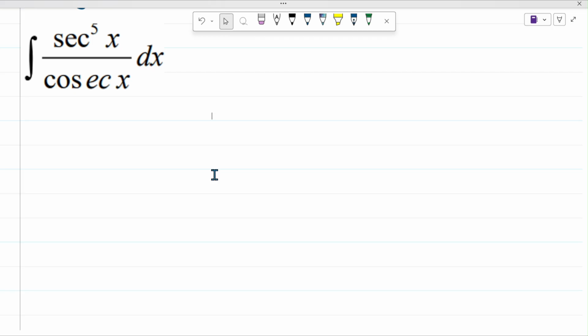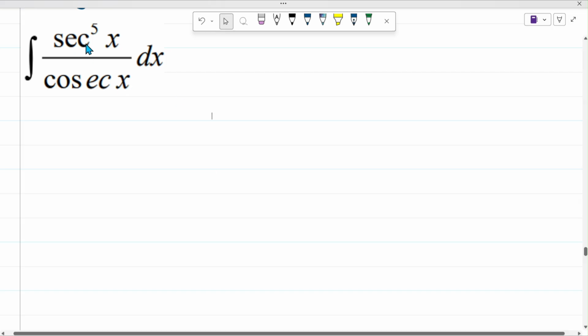So this could be done in different ways. One could say that I'm gonna do it in two ways because I can see what could be done already. One could say I can just change cosec into its reciprocal.